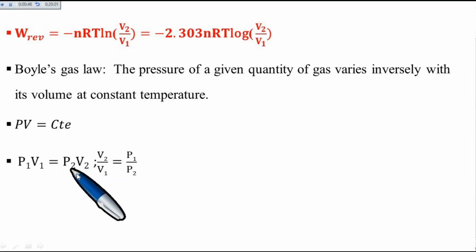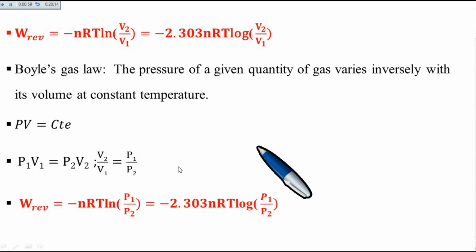That means P1 V1 is equal to P2 V2, then V2 over V1 will be equal to P1 over P2. Then we can replace V2 over V1 by P1 over P2. In that case, we have the work done in the reversible process equal to nRT ln P1 over P2, which is equal to negative 2.303 nRT log P1 over P2.